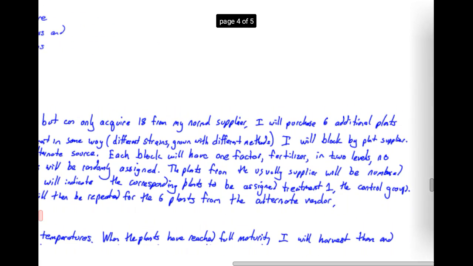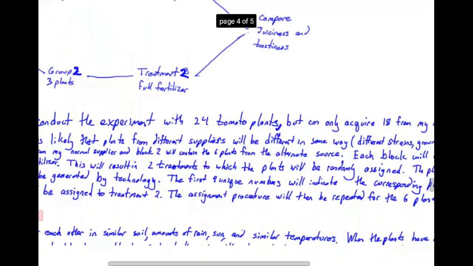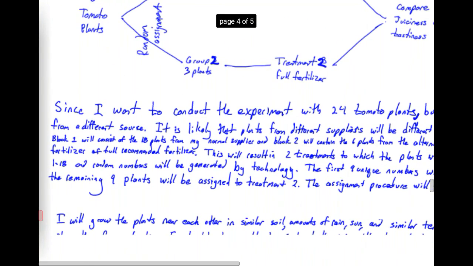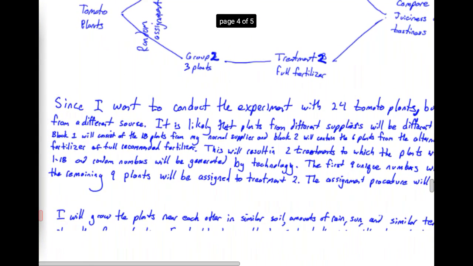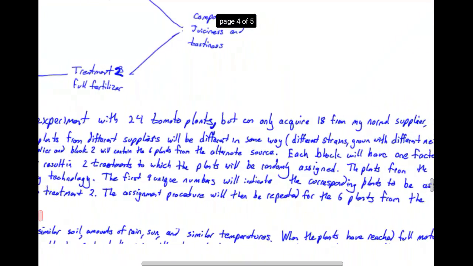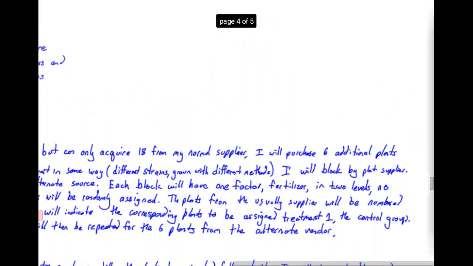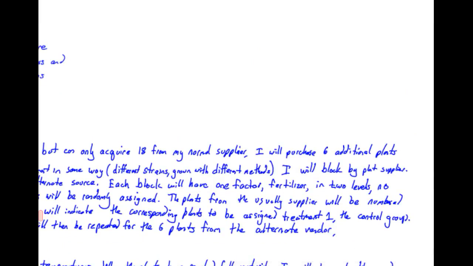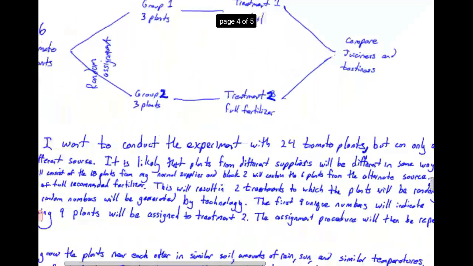I will block by plant suppliers. That's what I'm blocking by. Okay? Block 1 will consist of 18 plants from my normal supplier. Block 2 will consist of 6 plants from an alternate source. Each block will have 1 factor, fertilizer, and 2 levels. No fertilizer and the recommended amount.